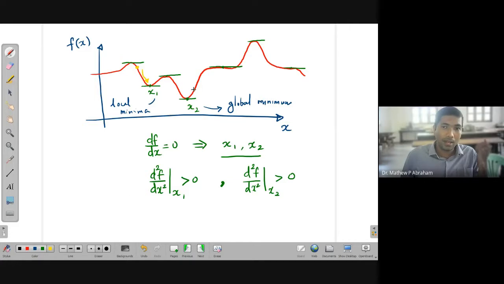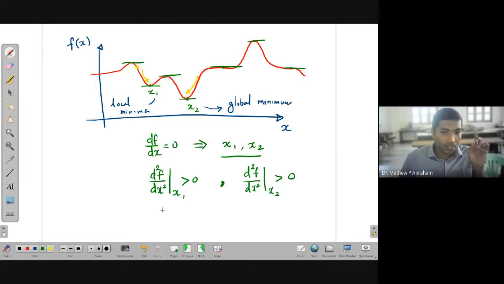At the same time, if you started somewhere over here, it may get me to the global minimum, and it's difficult to identify whether I have reached the global minimum or not. So this local minimum has created a lot of problems in finding the solution of an optimization problem.